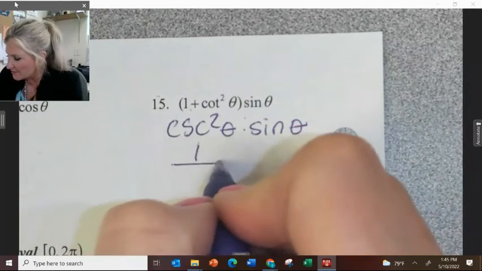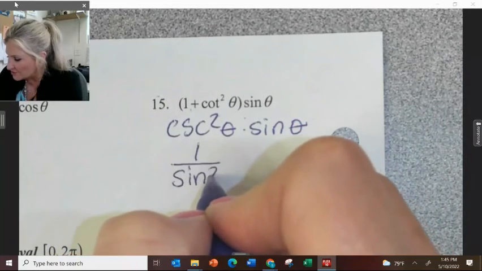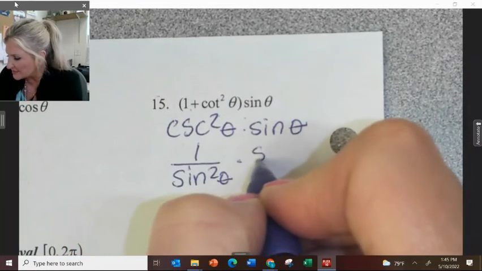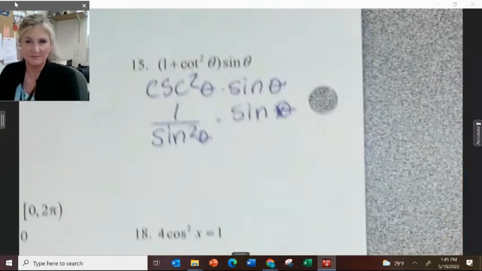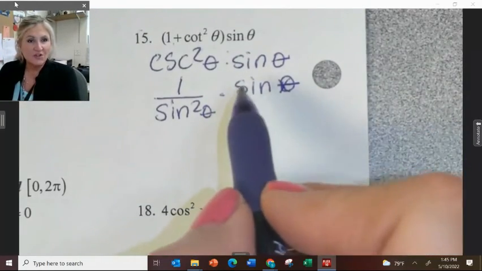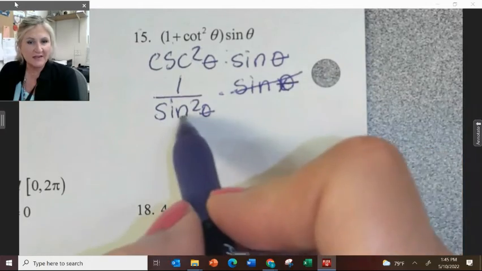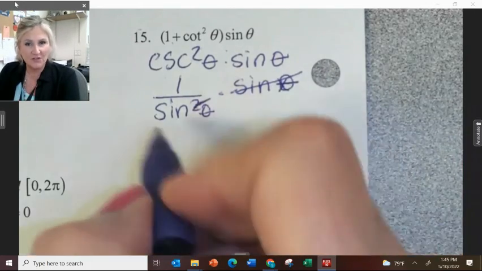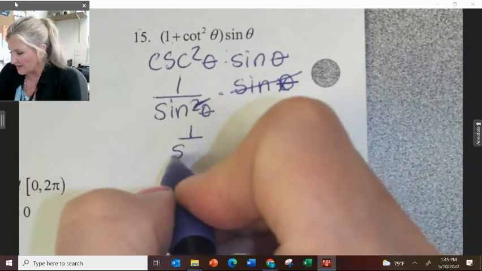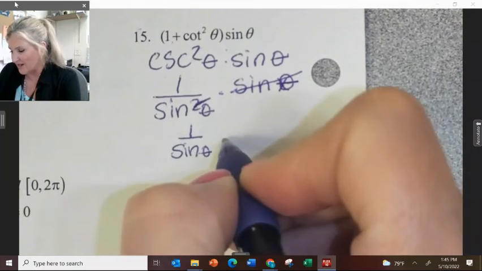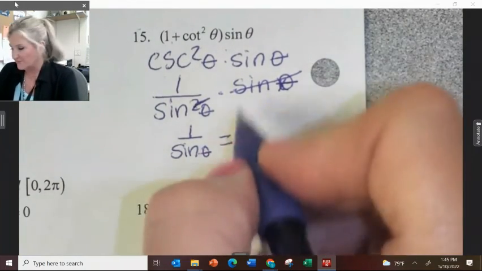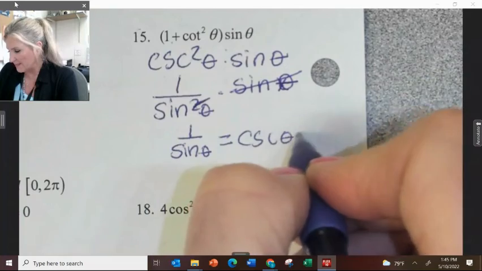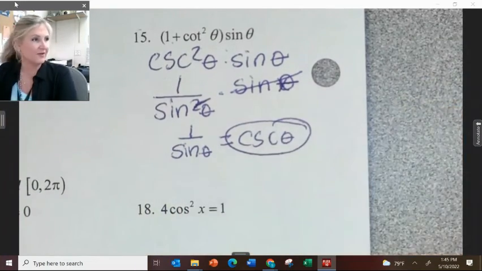So this is really going to be 1 over sine squared times sine theta. Oops, theta, not x. So one of these sines can cancel with one of these. So I'm left with just 1 over sine. I'm trying to get this with no fraction and just a single trig value. So what's it going to just be? Cosecant theta.